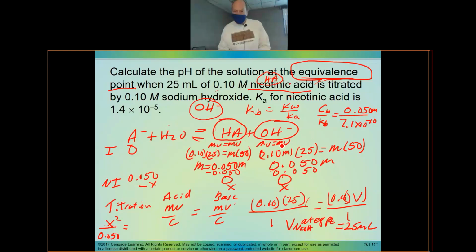You know this is a Kb reaction, so you must use the Kb constant. Don't do all this work and use Ka and get the wrong answer. All right, and so you have to use Kb, which we calculated as 7.1 times 10 to the minus 10. So 7.1 times 10 to the minus 10 times 0.05, and then the square root of that gives us 6.0 times 10 to the minus 6.